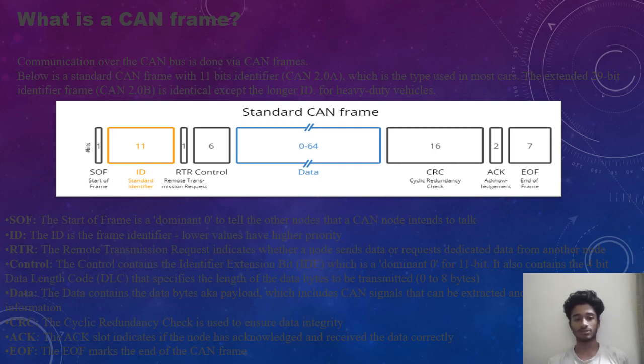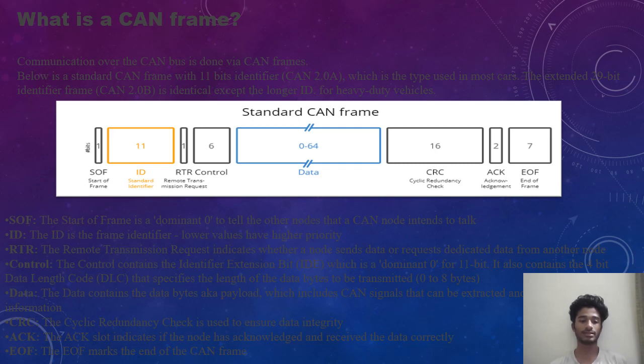It also contains the 4-bit data length code that specifies the length of the data bytes to be transmitted, which is usually 0 to 8 bytes. What is the data? The data contains the data bytes, aka payload, which includes CAN signals that can be extracted, and other information.